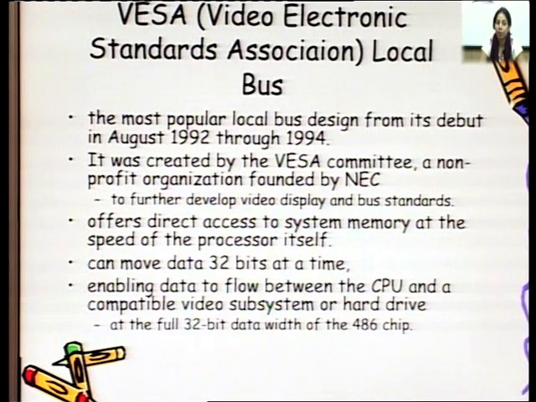It was created by the VESA committee, a non-profit organization founded by NEC, to further develop video display and bus standards. It offers direct access to system memory at the speed of the processor itself. It can move data 32 bits at a time, enabling data to flow between the CPU and a compatible video subsystem or hard drive at the full 32-bit data width of the 486 chip.